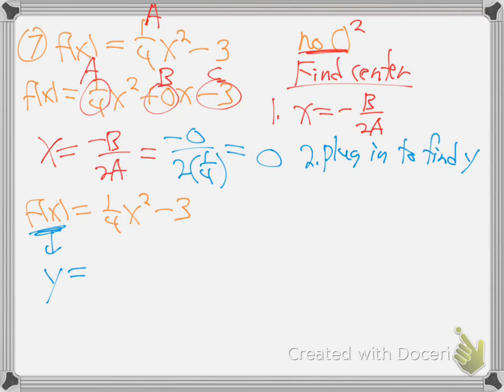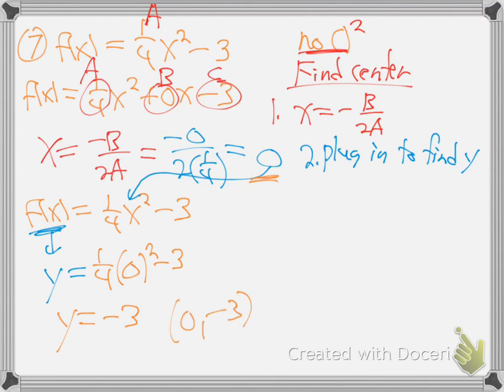F of x, g of x functions are always y. Plug in the 0 there, and we get 1/4 times 0 squared minus 3. We get minus 3. So y is minus 3. So we've got the center. The center is 0 for x, minus 3 for y. X, y, 0, minus 3.